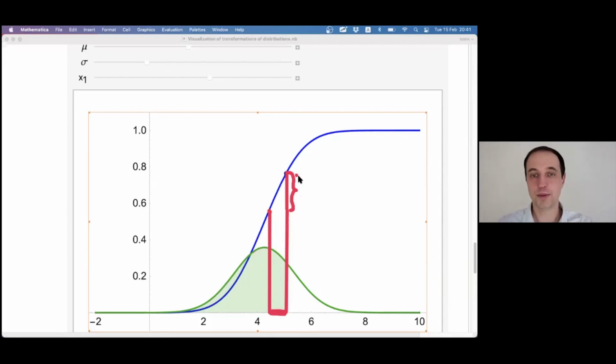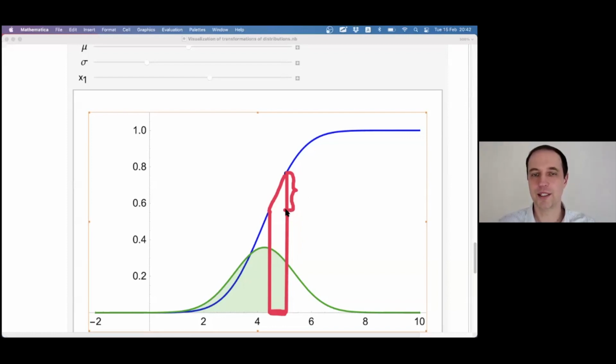And if you chose this interval very short, then approximately the slope of the CDF is going to be equal to the height of the PDF in here. Or in other words, the probability that your random variable x can end up somewhere in this range can be expressed in two ways, approximately.